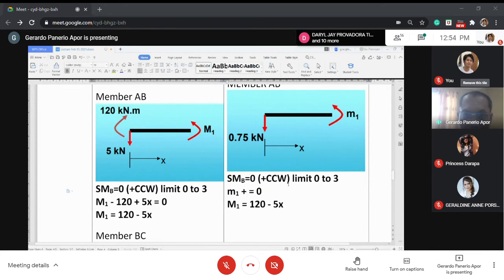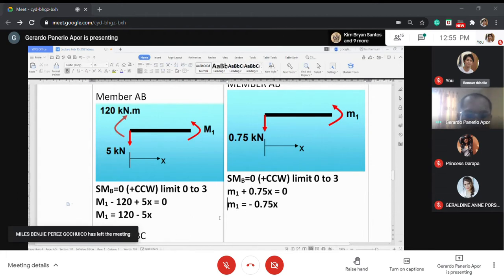Then 0.75 with a moment arm of x. So this one is negative 0.75x as your small letter m.